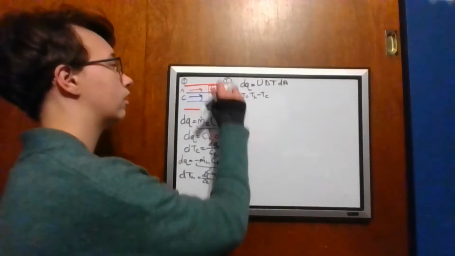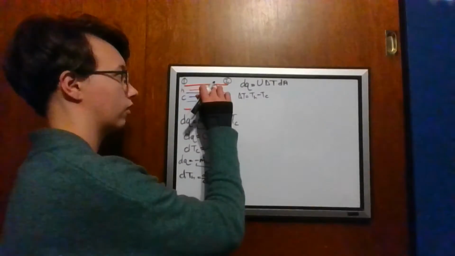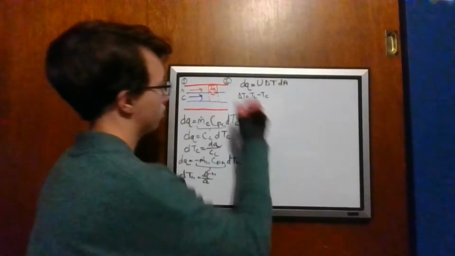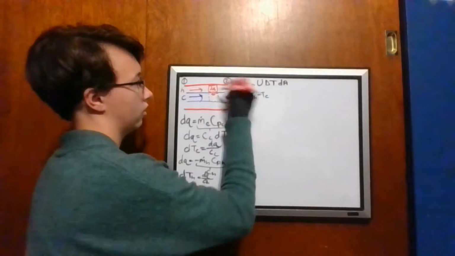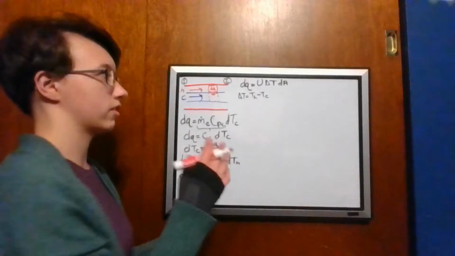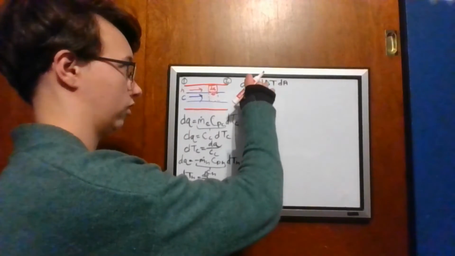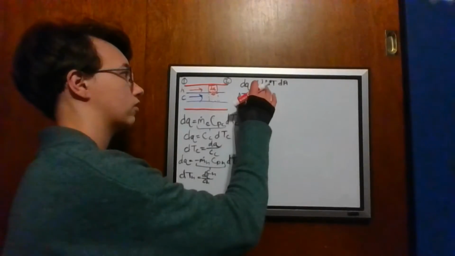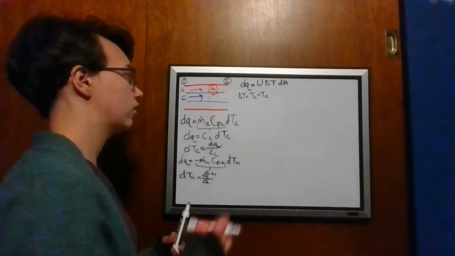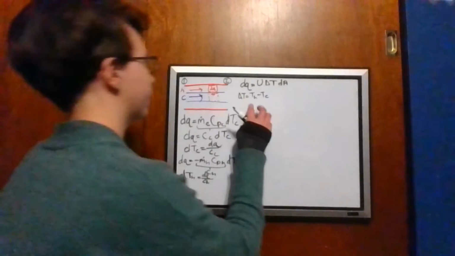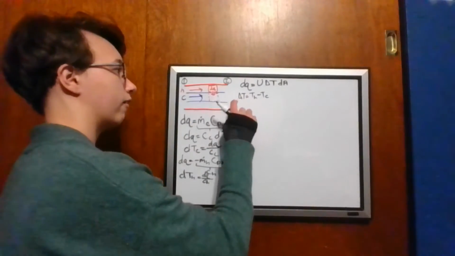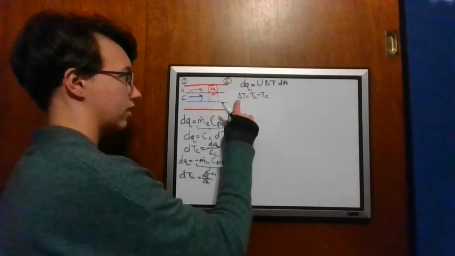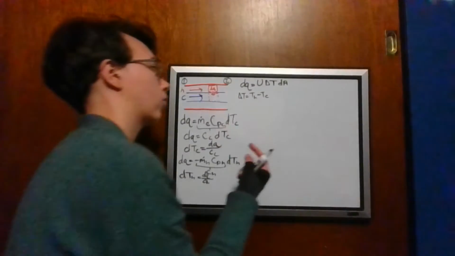So it's the heat transfer across here over this differential area with some heat transfer coefficient also included within that. So we have that our delta T is the change in temperature from hot to cold.